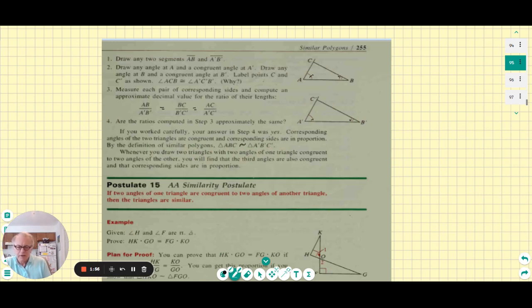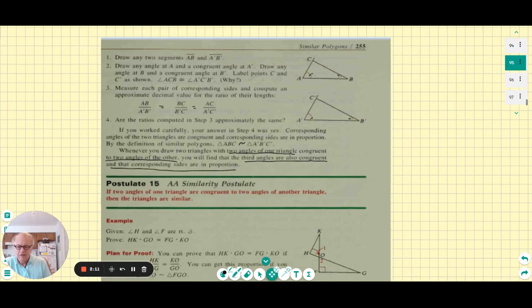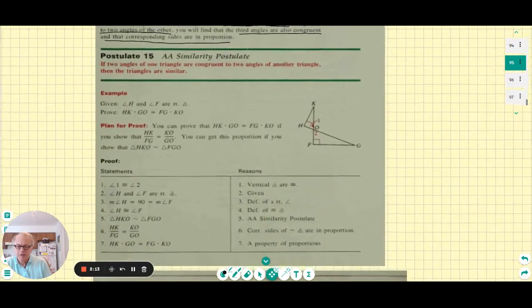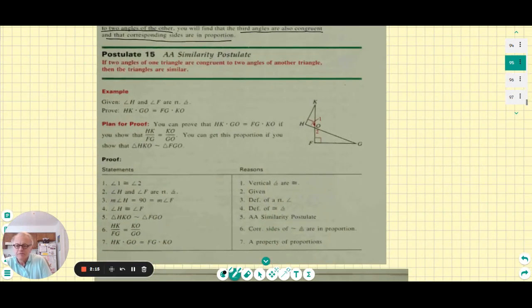So if two angles of one triangle are congruent to two angles of the other, then you will automatically find that the third angles are also congruent and that the corresponding sides are in proportion. This is called the AA similarity postulate: if two angles of one triangle are congruent to two angles of another triangle, then the triangles are similar.